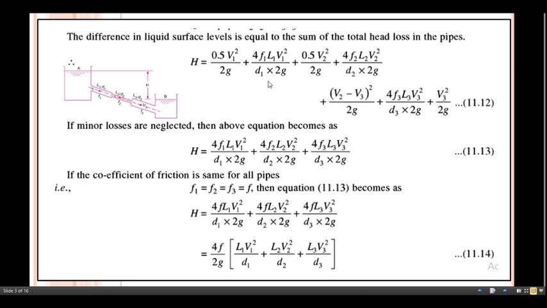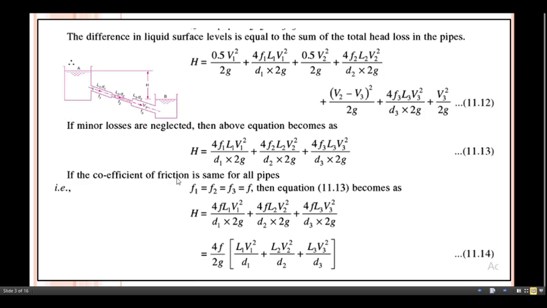If you neglect these minor losses, then only the frictional losses will remain. So H equals 4 f1 l1 v1 square divided by d1 multiplied by 2g plus 4 f2 l2 v2 square divided by d2 multiplied by twice g plus 4 f3 l3 v3 square divided by d3 multiplied by twice g.